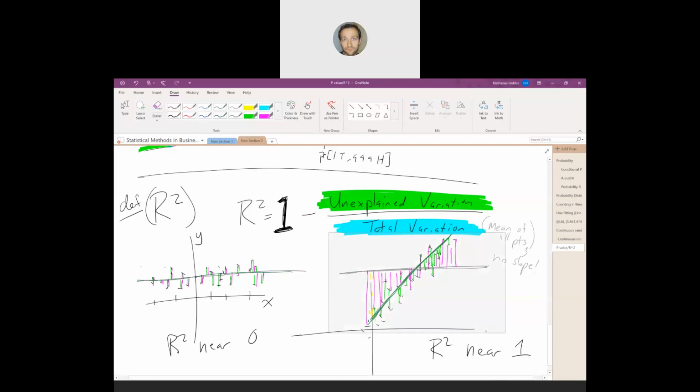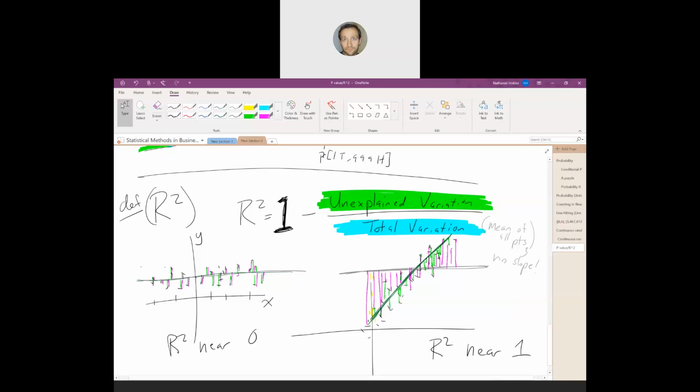So this says that the line is predicting something, that there is a relationship between x and y. Here, there's no real relationship because the variance around the mean of the y's is not explained at all by the hypothesis line.